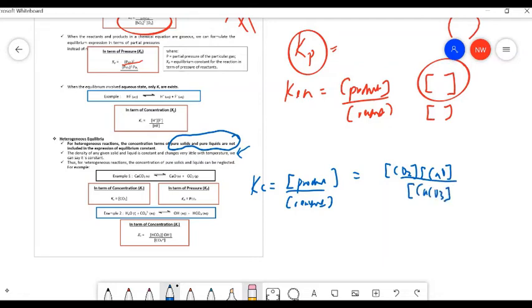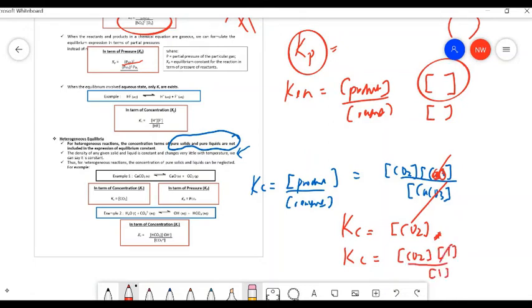Okay, tapi disebabkan kita tak mengambil kira solid, that's why Kc-nya hanyalah bergantung kepada concentration of the CO2. Kalsium karbonat dengan CaO ni, kita assume sebagai satu-satu lah. Maksudnya Kc bersama dengan CO2 1/1. Macam tu lah ya. Okay, that's why Kc sama dengan CO2 saja.